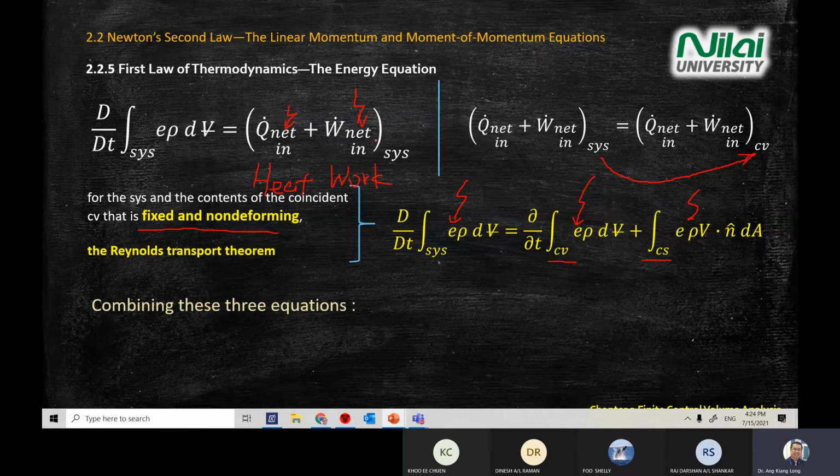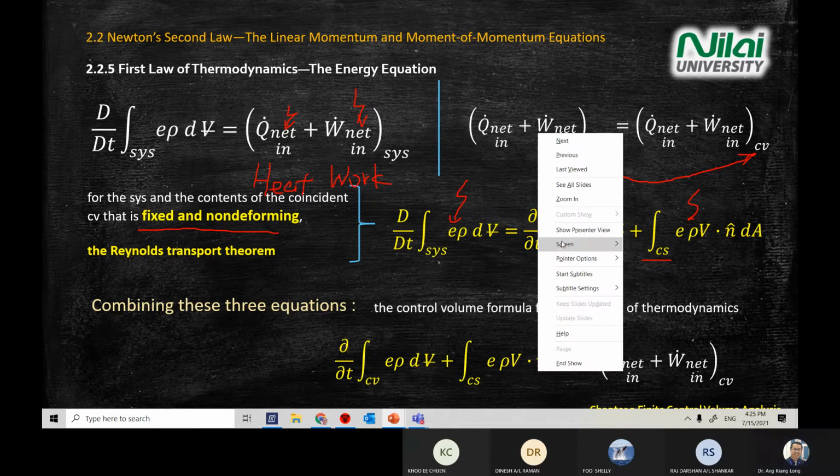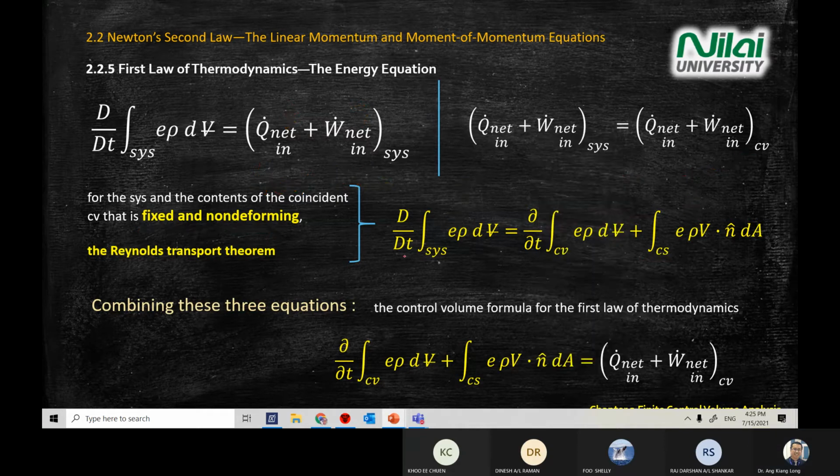Okay, so we combine these three equations, we will reach the equation that combines what we learned so far. So the last equation that you see on the screen here is actually a combination of the above three. Okay, now what does it mean?